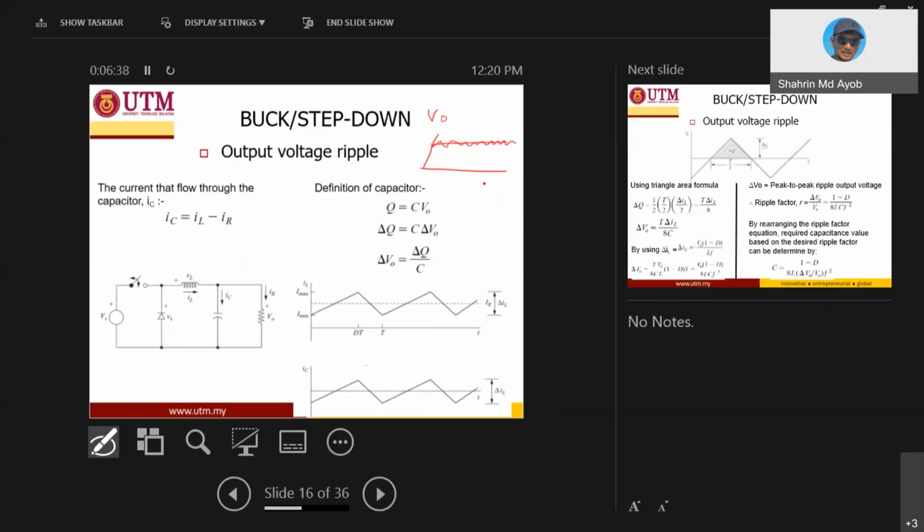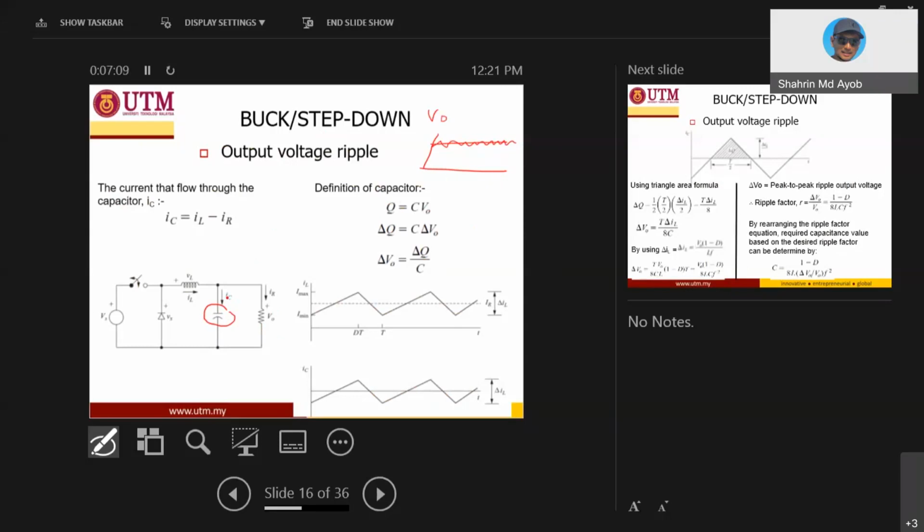So we have a ripple voltage. This ripple voltage is a high frequency ripple voltage, but it will affect the power quality of the DC system. So we need to ensure that this ripple is as small as possible. And this ripple is related to the value of the capacitor. Usually if the capacitor value is large, your ripple will be very small.